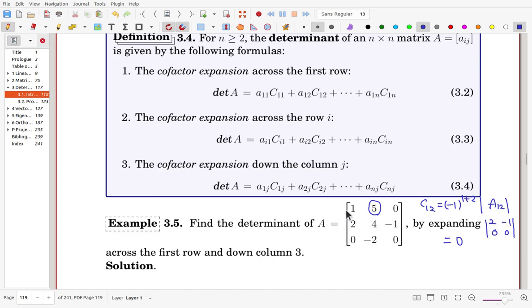In this case, A11 is 1, and we can find C11 similarly. And then A12, that is 5, times C12. Here for this problem, C12 is 0. And we go to the last one in the first row, A1n times C1n. That is cofactor expansion using the first row.